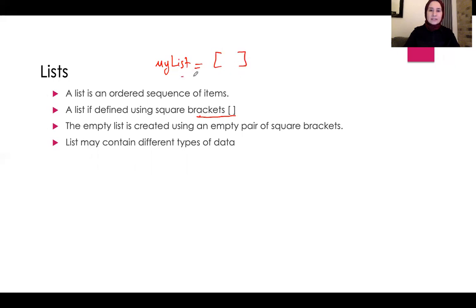This will create an empty list. The empty list is created using an empty pair of square brackets, as you can see in this example. Lists can include different types of data, so strings, integers, and floats can be elements of the list.